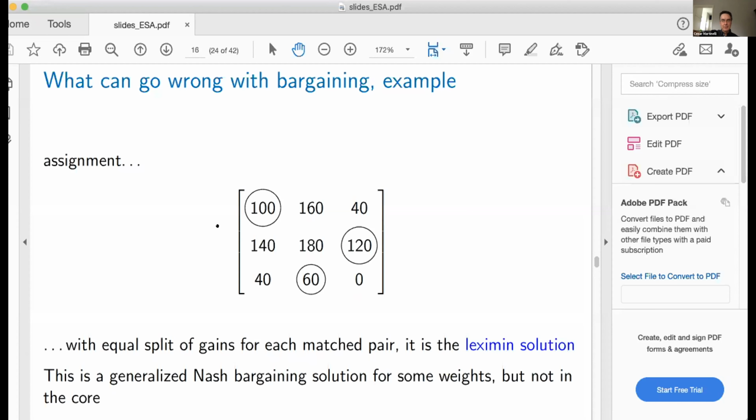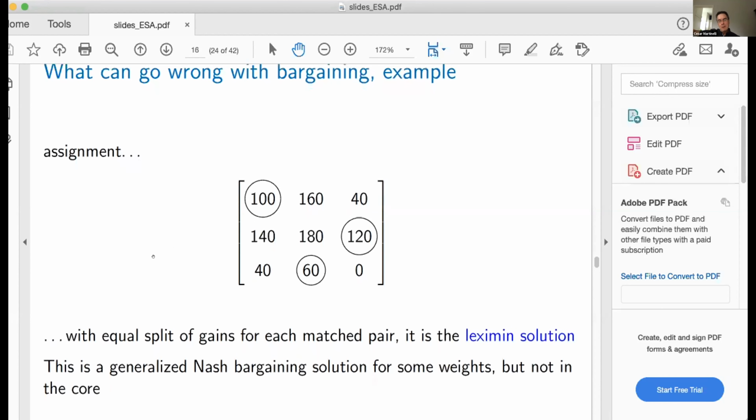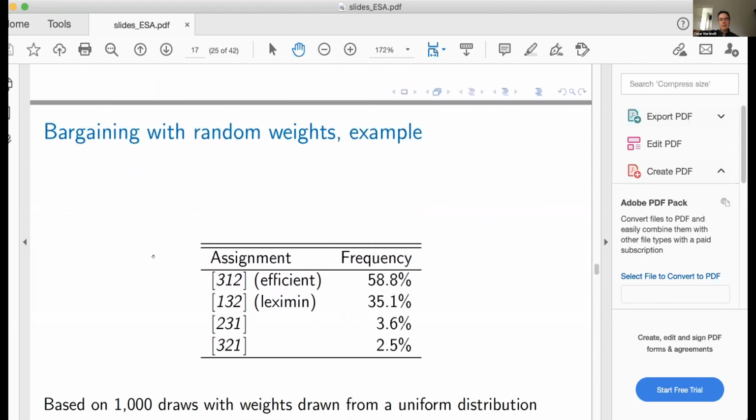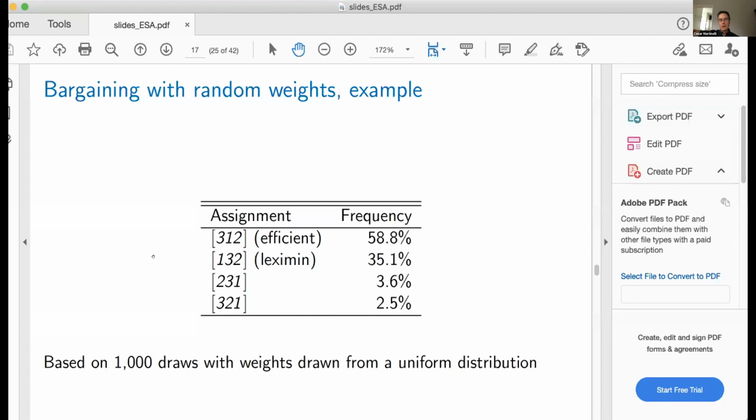But what this allocation does is maximize the payoff of the person who makes the least money. This would presumably never happen in a market environment because it requires some comparison of utilities, but it may happen in a generalized Nash bargaining for some weights. In fact, if we have random weights, efficiency is very likely, but Lexi-min is also somewhat likely.